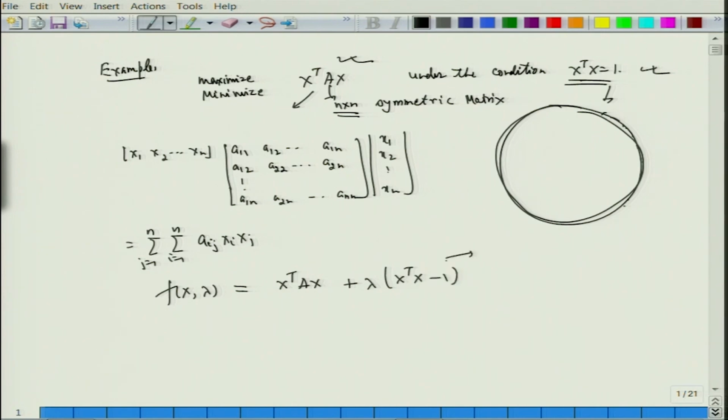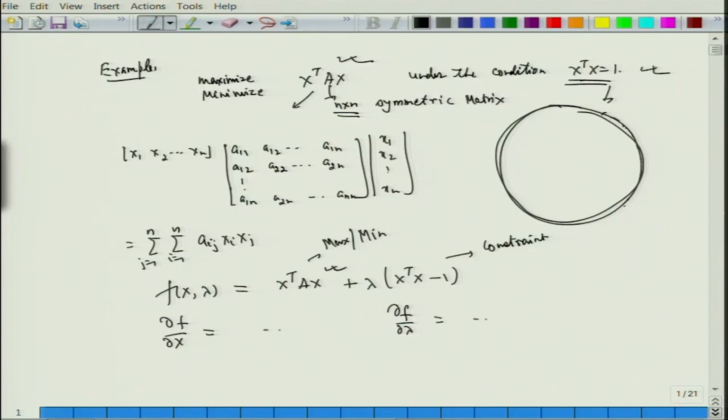This is coming from the constraint side, and this is coming from the max-min objective part. Then we compute del f by del x and del f by del lambda, and proceed.